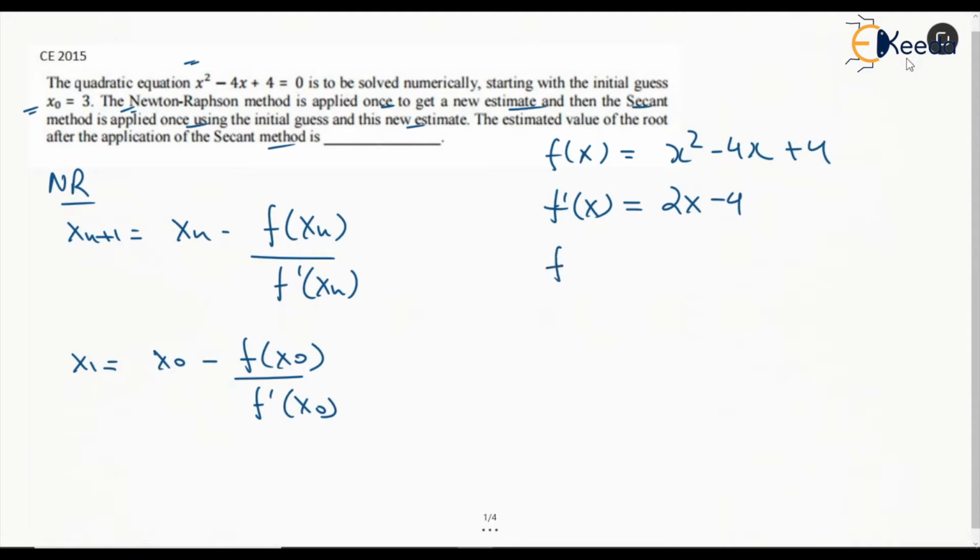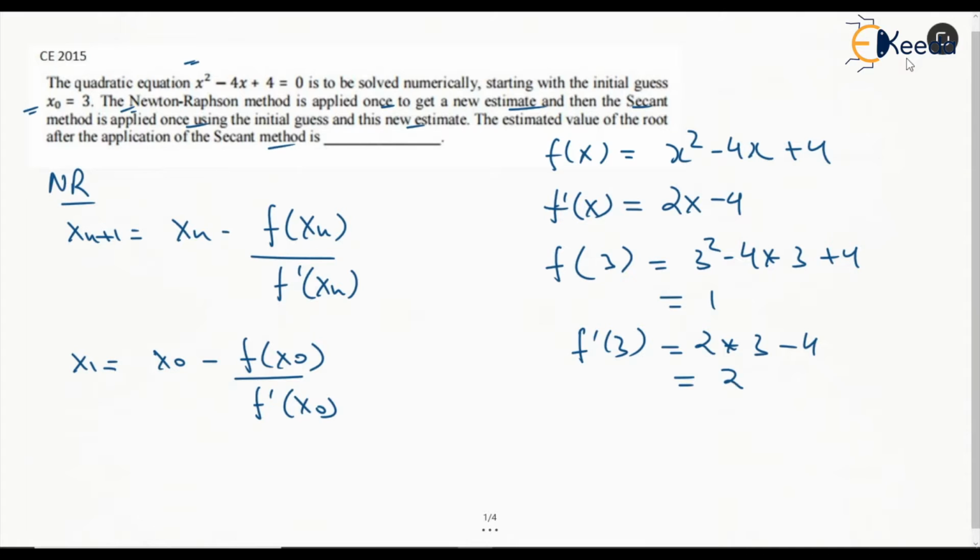So f of 3 becomes 3 square minus 4 into 3 plus 4, which will be 1, and f dash of 3 will be 2 into 3 minus 4, so 6 minus 4 is 2, and of course x naught is already given.